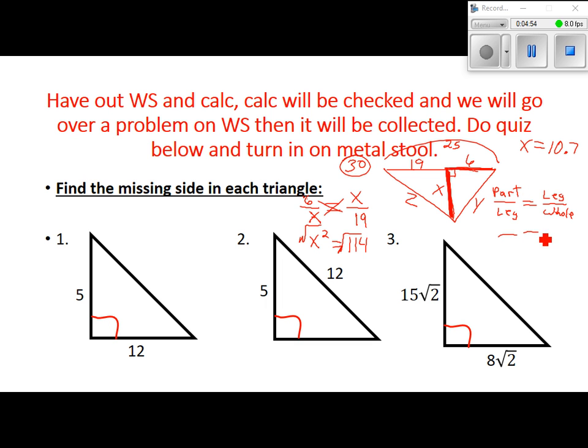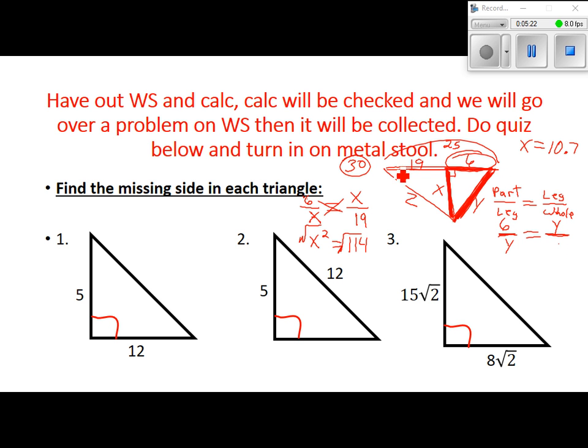So if I'm setting that up for y, let's say this time, we know y goes here, y goes there. What's the part hooked to y? How long is it? It's that right there, right? It's just that part hooked to it. And what's the whole hypotenuse?